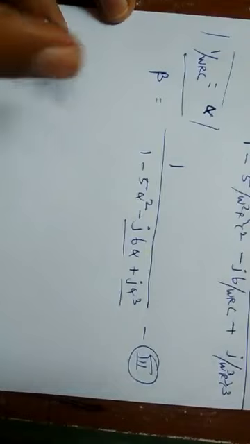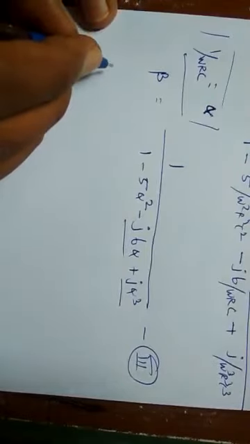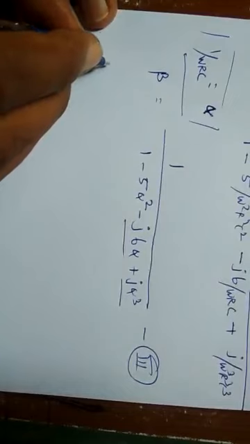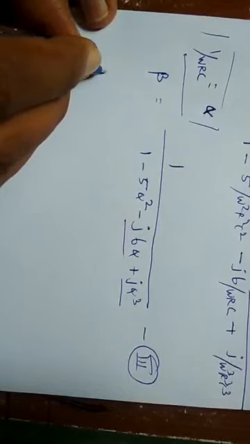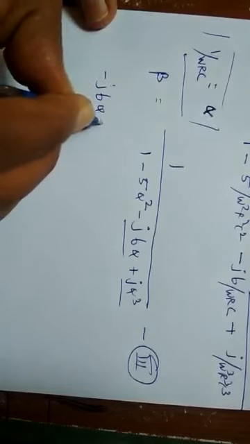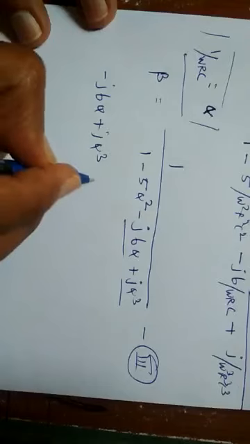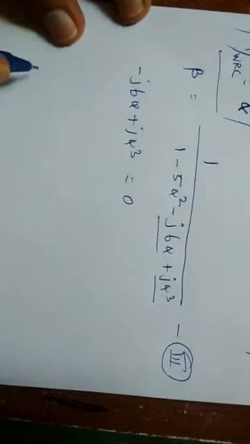From this Roman letter 3, we have to equate the imaginary parts. So minus j6 alpha plus j alpha cube must be equated to 0.